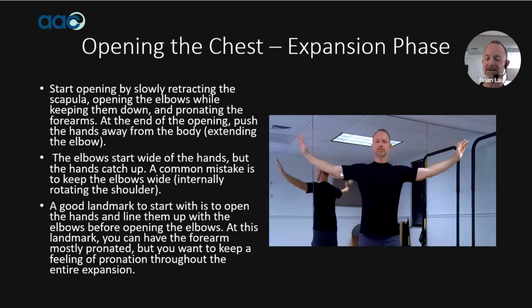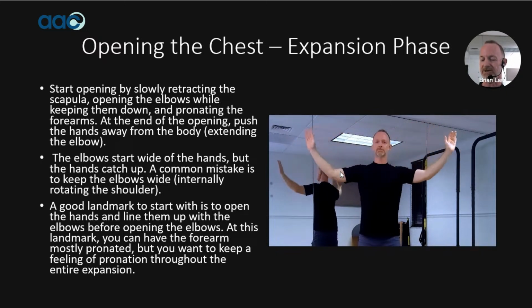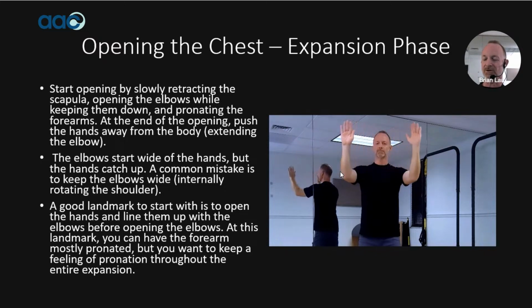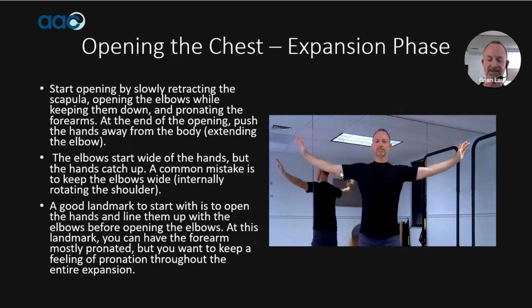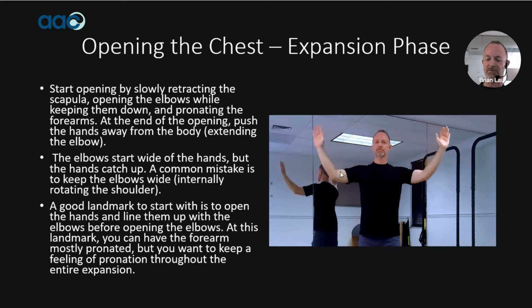So this is the expansive phase. I'm starting to stretch the biceps. I'm opening the chest by retracting the shoulders in the back, which creates more space in my chest, more volume in that whole thoracic cavity. So let's look at the compressive phase of the movement.